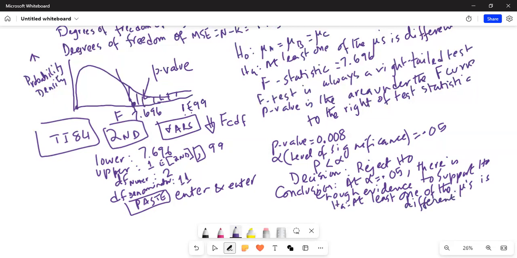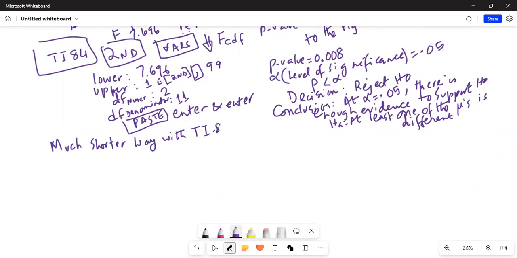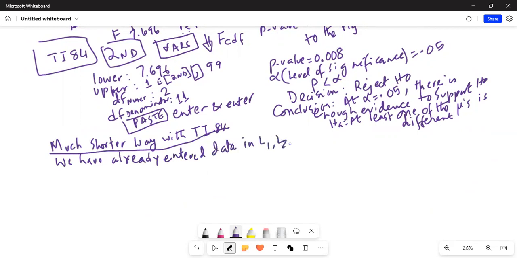Now, let me show you the short way of doing it. Much shorter way of doing it with the TI-84. We have already entered data in L1, L2, and L3.